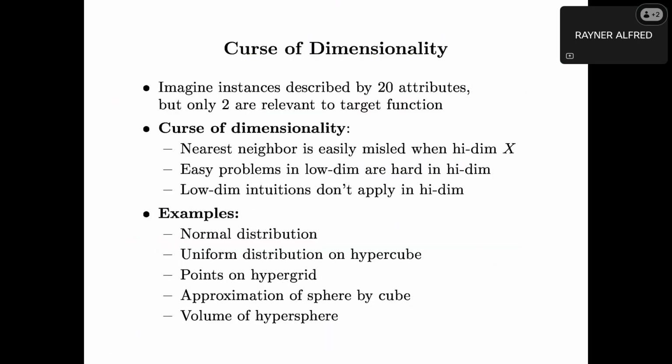Okay. So there is another issue that we need to look into, which is the number of features that we have in our data set. Nearest neighbor is easily misled with high dimensionality of X. So it is an easy problem in low dimensions, but hard in high dimensions.